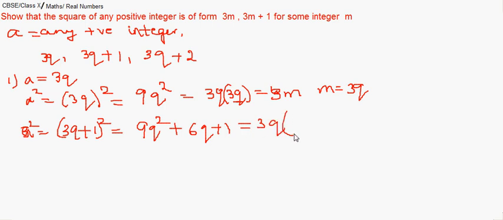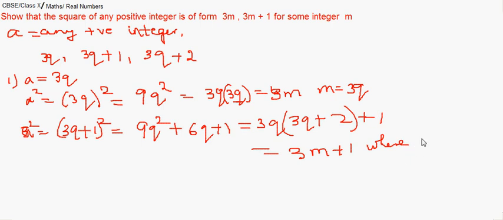The first one I will be left with 3q, here I will be left with a 2, and then 1 is left. So again I am getting this as 3m plus 1, where m represents 3q square plus 2q. Okay.